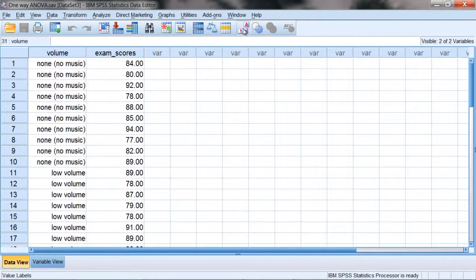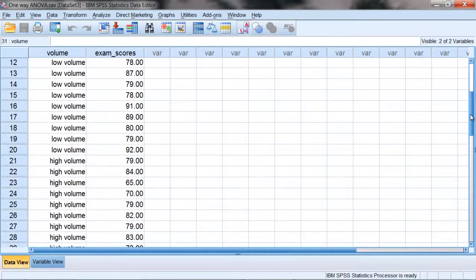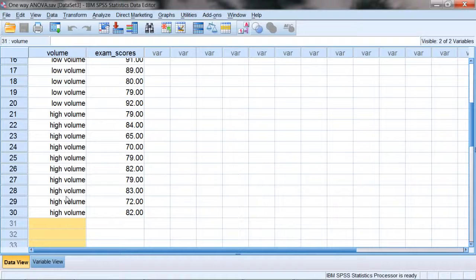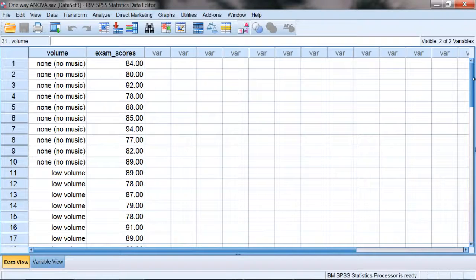Now in this study, we had a no music group, and then, as was the case with the independent t, we also had a high volume group. But we added another group, and that was a low volume group. So as a reminder as to the background of this study, we had people who had no volume, low volume, now that's our new condition, or high volume playing while they were studying.